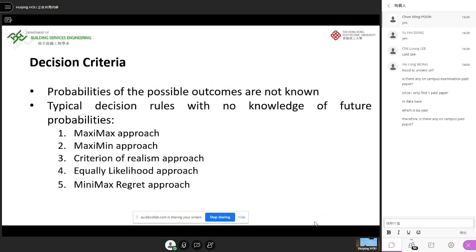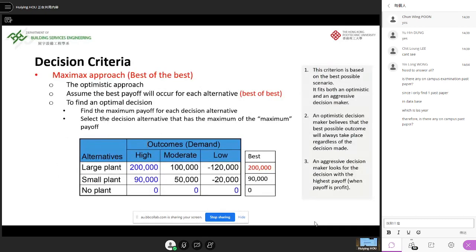You need to understand the rationale behind these five approaches. For example, the maximax and maximin approaches are based on an individual's preferences in decision making.